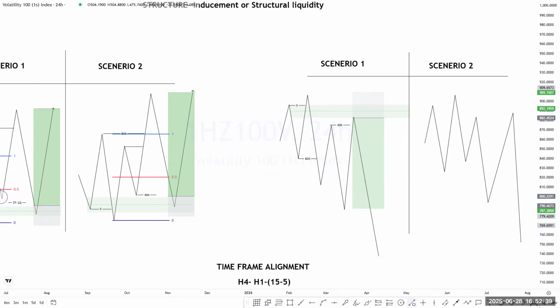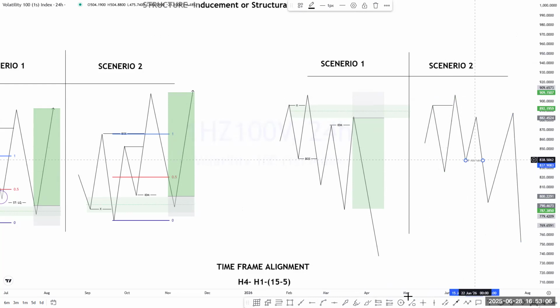What you need to do is to first identify your sweep. This time around, price will first create an inducement before breaking structure, so we can't say this is our break of structure. Because this is the high, this is the lower low, this is the lower high. This is not your break of structure.